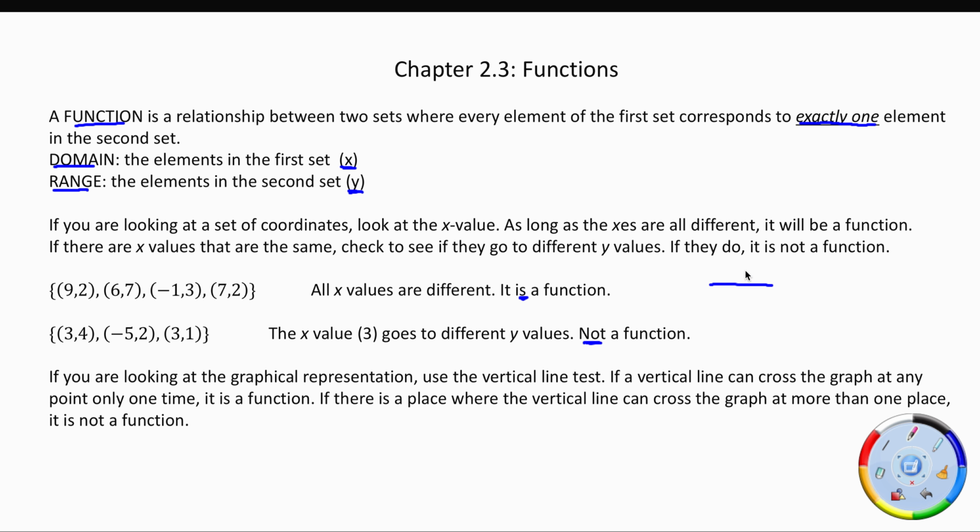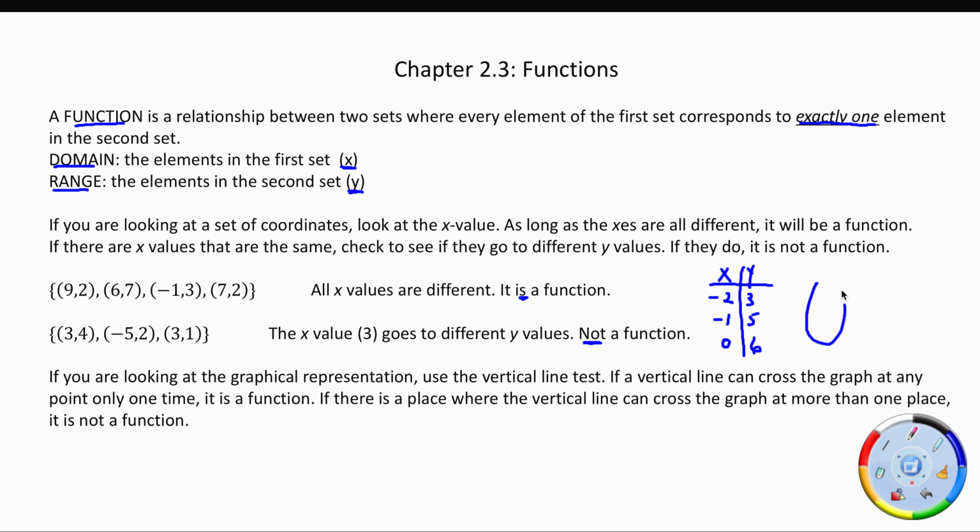Also take note that we could be given this exact same question in a different format. Something like this. Oh, that definitely is a function. All my x's are different.